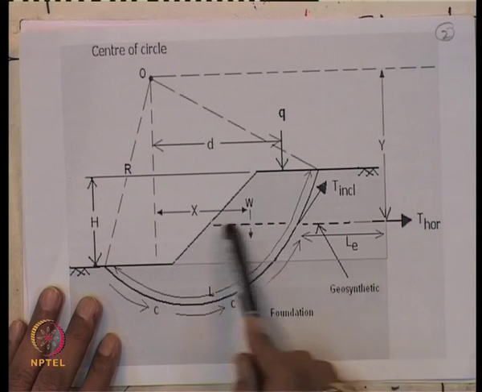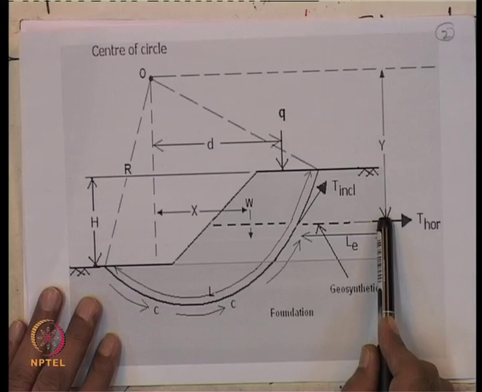This is the reinforced soil slope. We are providing, let us say, one layer of the reinforcement. Okay?